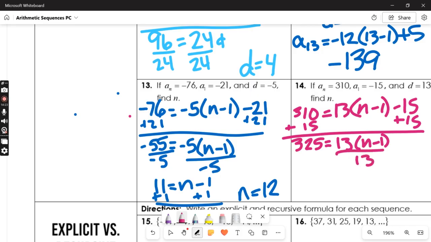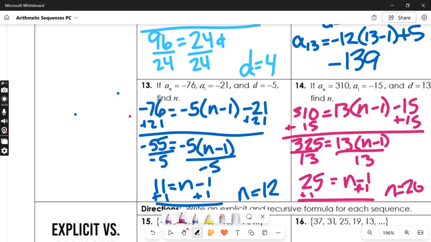I'm going to divide everything by 13. So N minus 1 is equal to 25. And then add the 1. So I get N is equal to 26.